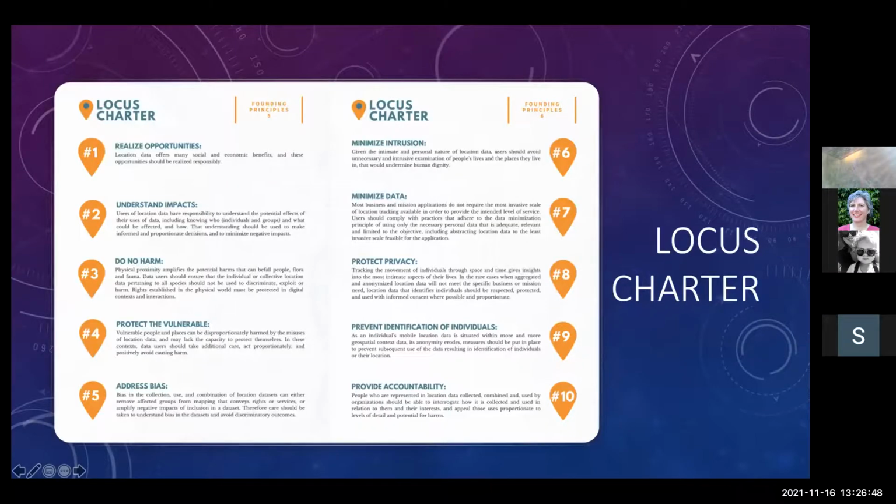And so what many ended up doing is thinking, okay, we need to build some principles. We need to build some foundations for these standards. And one of them is the Locus Charter. But this leaves us with principles. This doesn't necessarily leave us with the how. We're here to think about, okay, how do we do this?